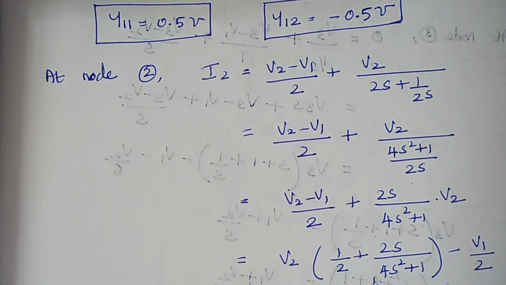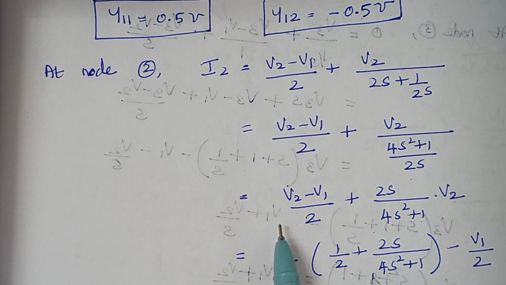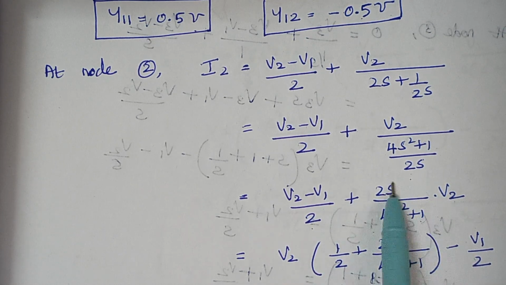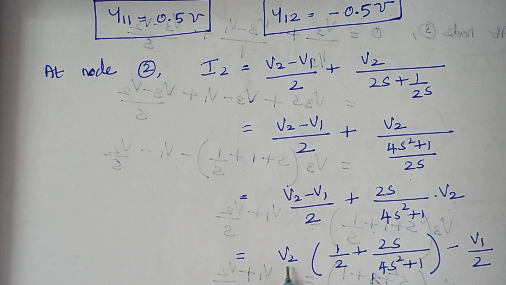Now I am combining the V2 terms together. So here I am having V2 by 2 and here I am having this entire term with V2. So once V2 is taken commonly outside, the remaining terms are 1/2 plus this term, minus V1/2. Here it is written. Right. So for this part again we need to take the LCM because the denominators are different.